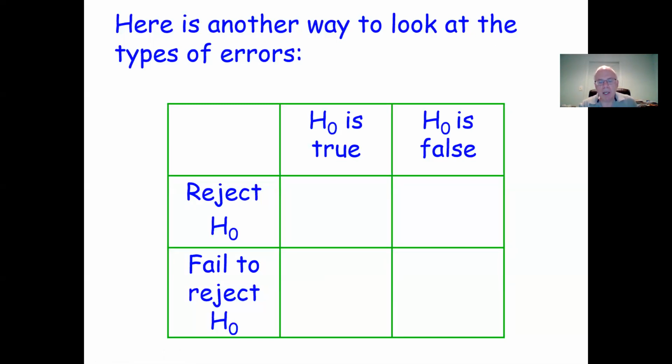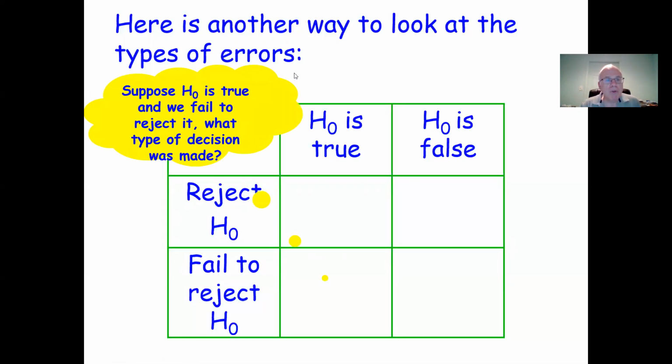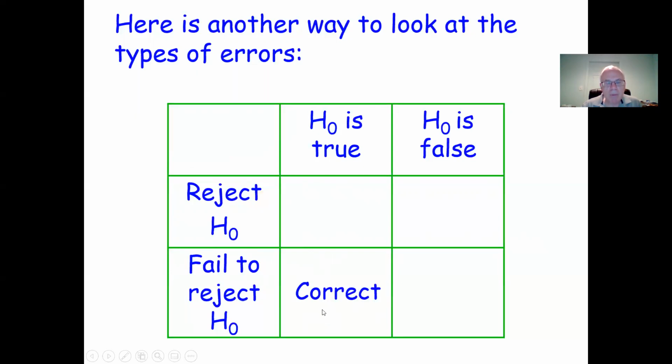So, for example, suppose H naught is true and we fail to reject it. Right. So suppose H naught is in reality true and we didn't find enough evidence to reject it. Well, that's a correct decision, right? So H naught is true, we fail to reject it. This box here intersects those two statements, and that's correct decision.